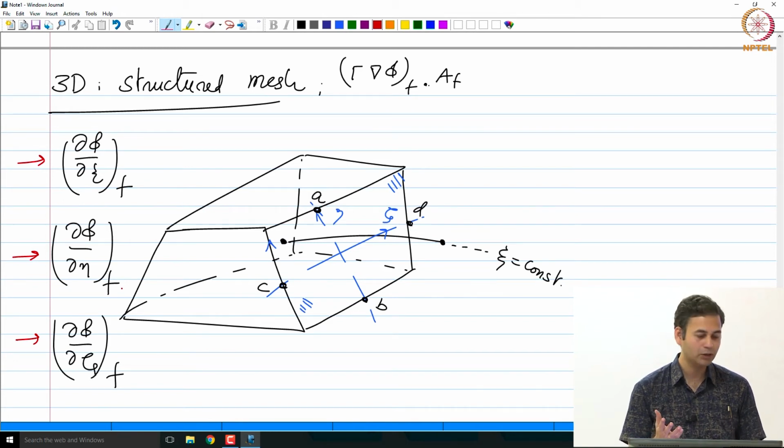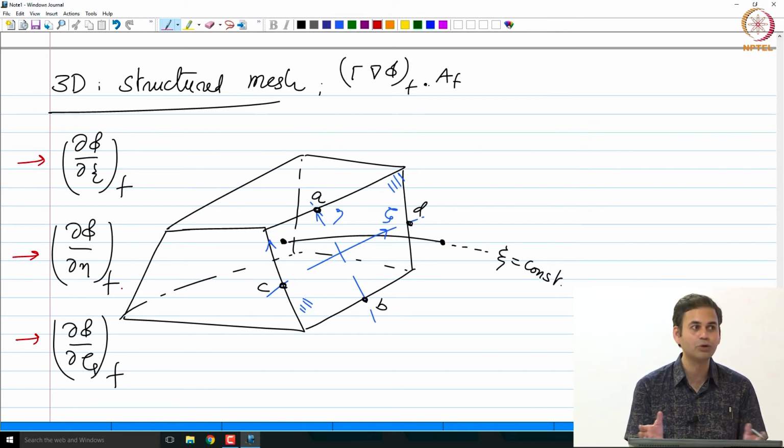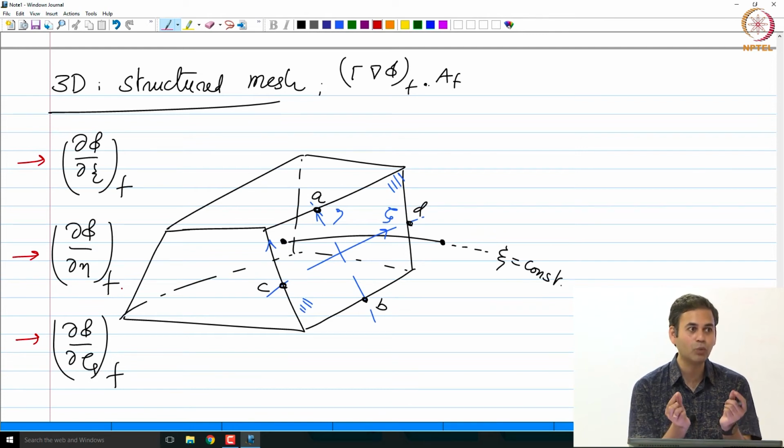If you were to boil it down, let us say, to a Cartesian 3D mesh, you essentially have partial phi partial x, partial phi partial y, partial phi partial z, but then because Ax is only pointing in the I direction, the partial phi partial y and partial phi partial z terms would go to 0. You had only one term, phi east minus phi p by delta x, surviving.